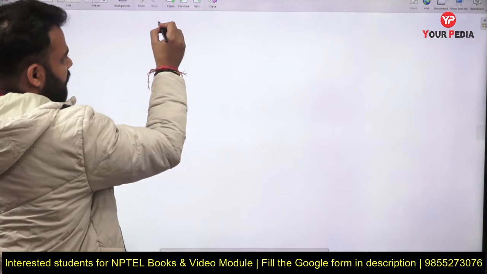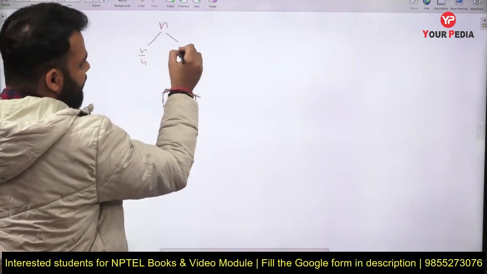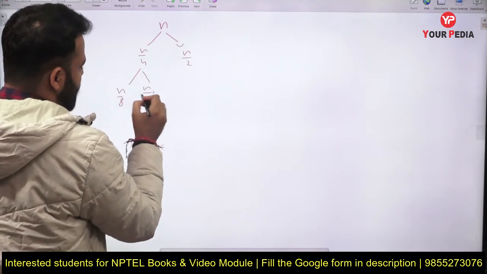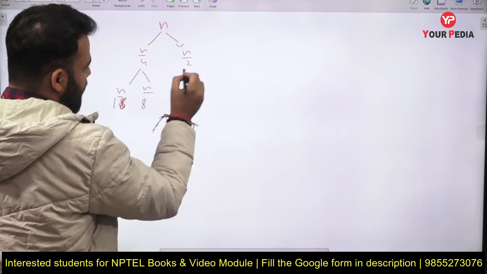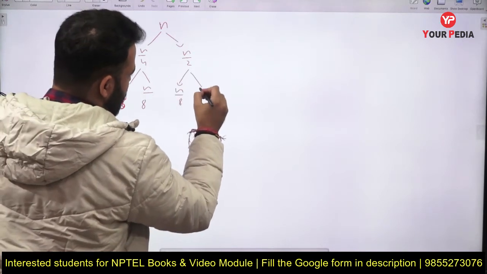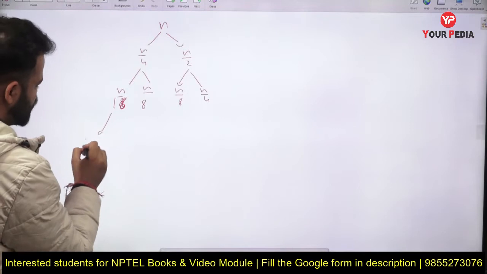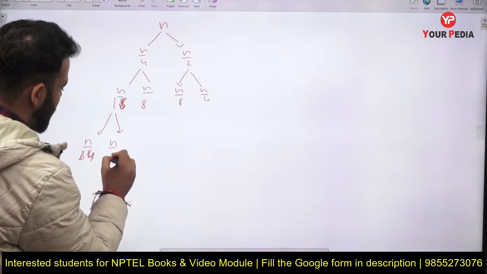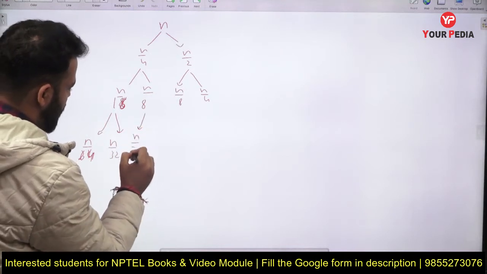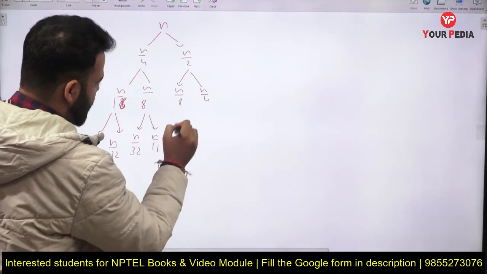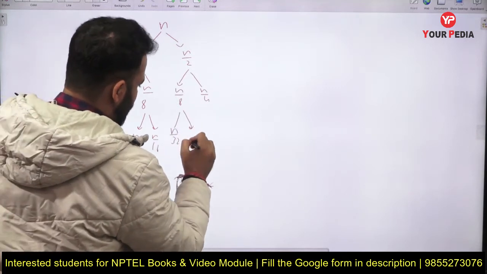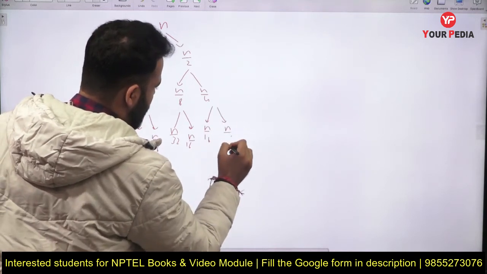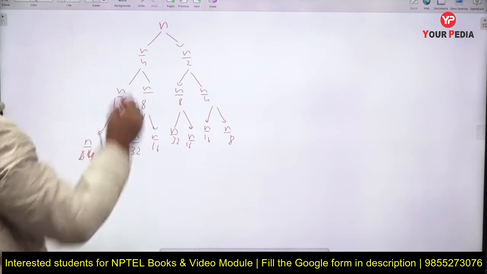Now the tree is being divided like this: n by 2, n by 8, n by 16, n by 8, n by 8, n by 4, n by 64, n by 32, n by 32, n by 16, n by 32, n by 16, n by 16, and n by 8. Now the tree is being divided like this.